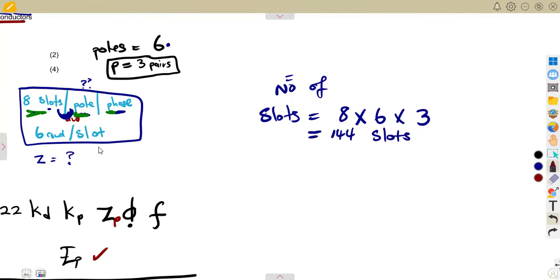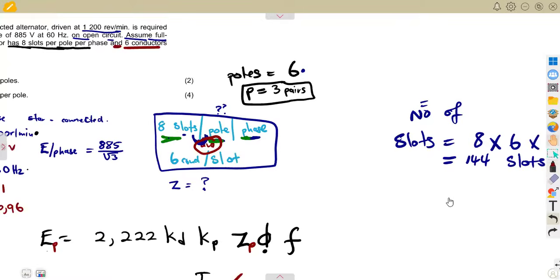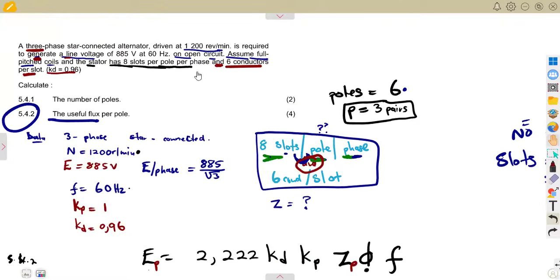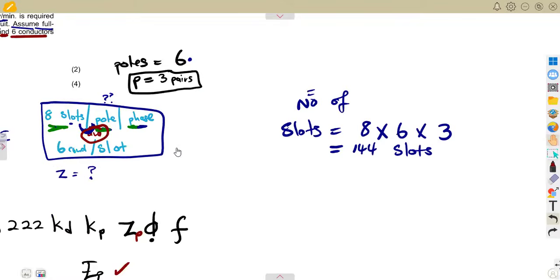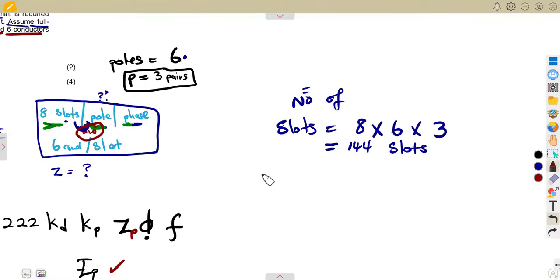But now take note. They are saying "and." That's another condition that you're given there. And 6 conductors per slot. So let's talk about the conductors now. Z is equal to what? If they are saying there are 6 conductors per slot, you multiply by the number of slots.